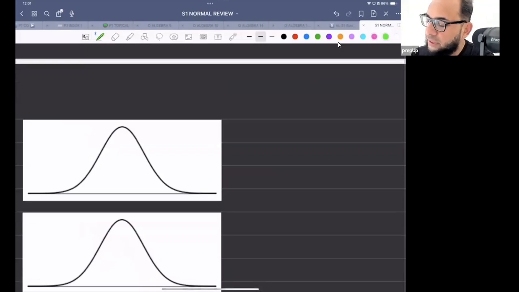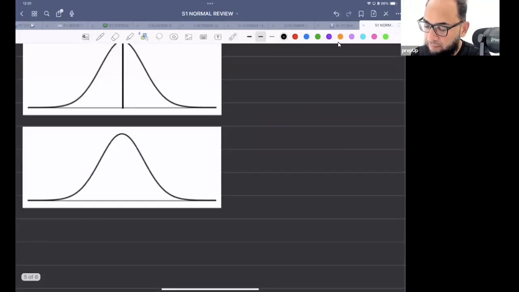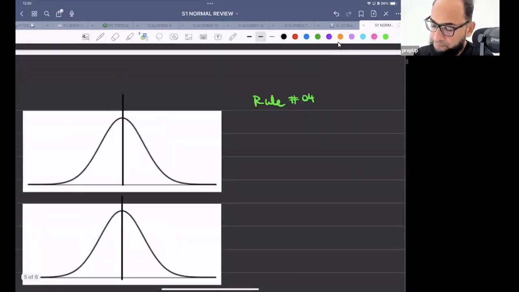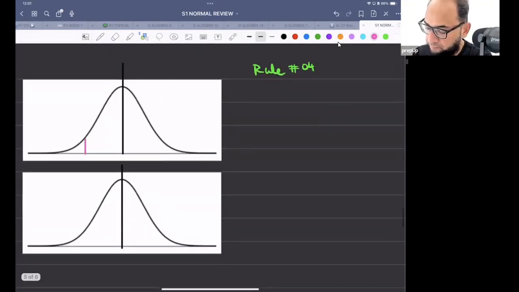So if I write over here, rule number 4, again, let me draw a vertical line first. Not like this, a vertical line like this, and let me mark a value over here, and let me just shade the region.